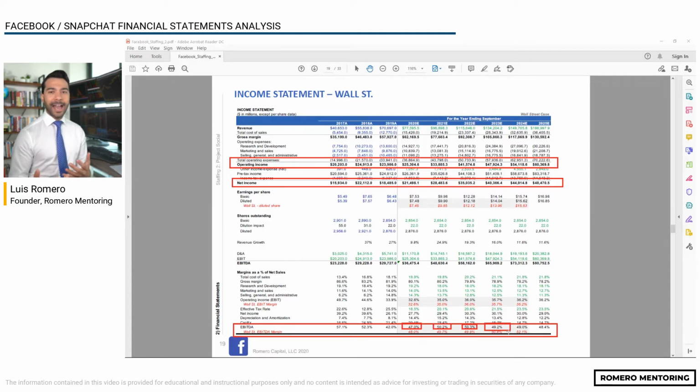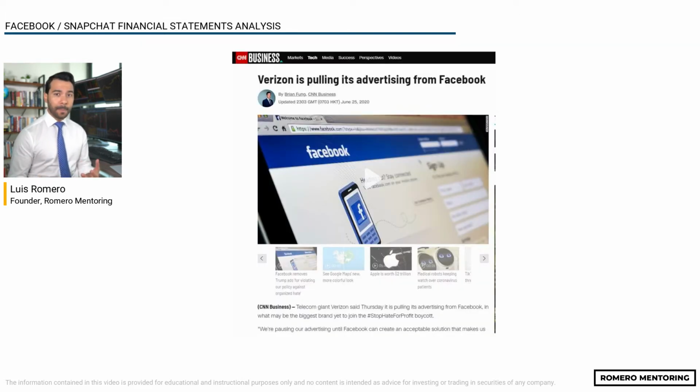And look, they've had their setbacks and a lot of criticism relating to politics, relating to some of the messaging they're allowing on their platform and not putting the right systems or checks and balances in place to mitigate hatred and negativity on their platform. That's why you saw major companies like Verizon pull back on their advertising expenditures. But I think that's a temporary setback.